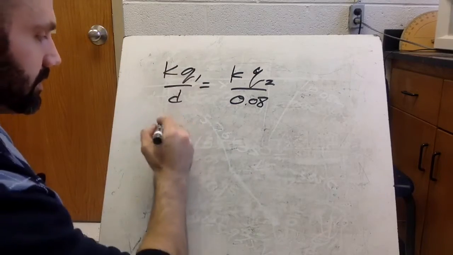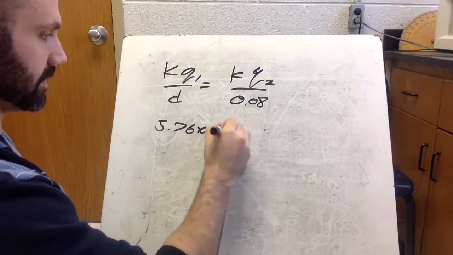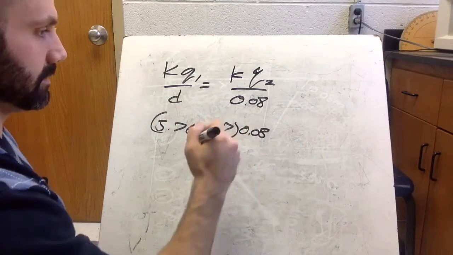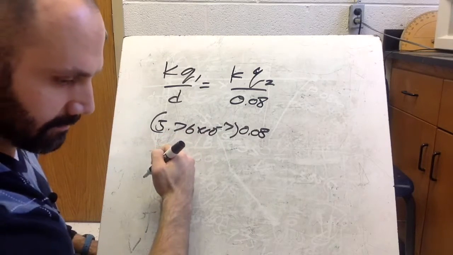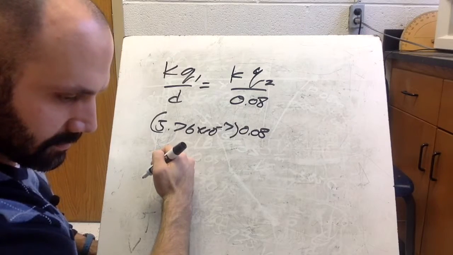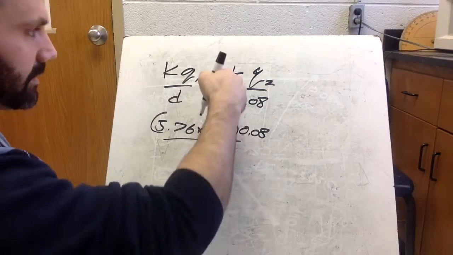Because this value is the 5.76 times 10 to the negative 7th. I'll multiply this by 0.08. The k's cancel out. Oh, no, they don't, because this k is included in here. So I still have to divide by this k.